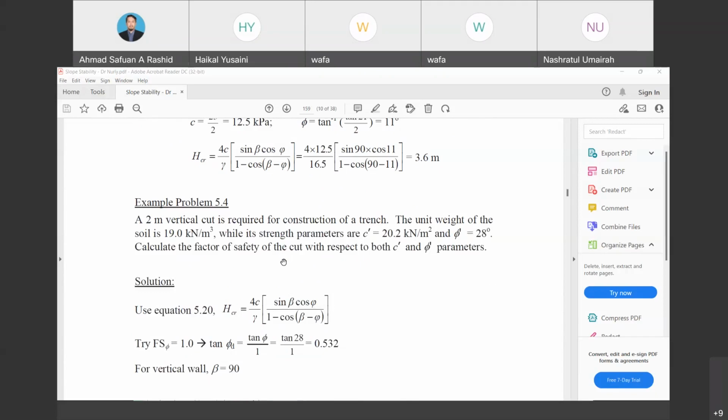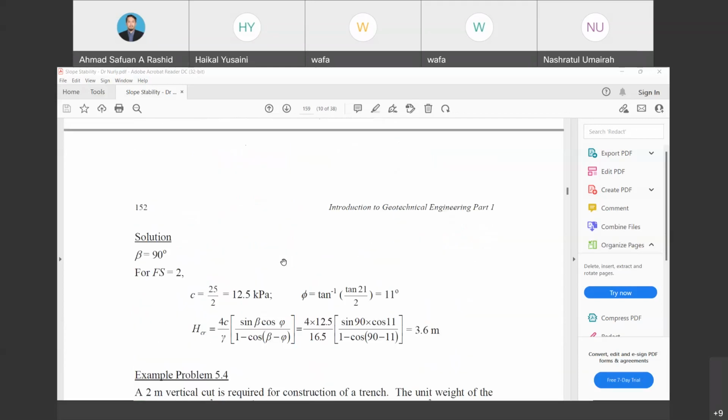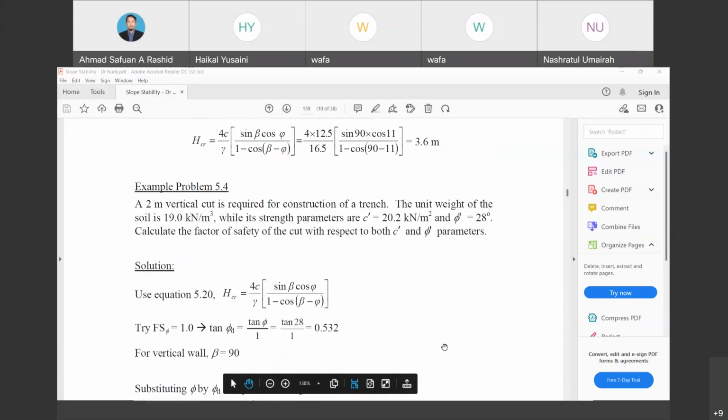Calculate the factor of safety of the cut with respect to both C and phi. In the second example, they provide the factor of safety value, and we need to determine the HCR. While for the third example, they provide the height and we need to determine the factor of safety.